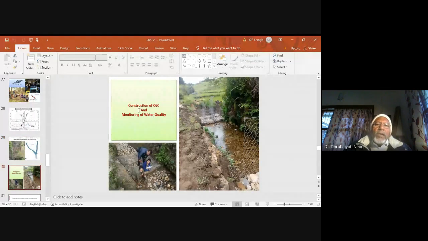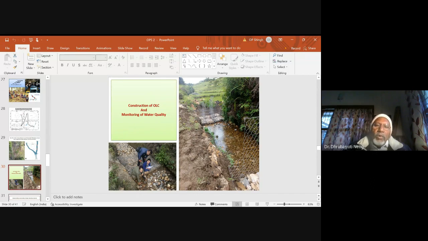So we constructed an open limestone channel. By dredging, we removed whatever mud or sediments were present in the channel. We flattened the channel, and then we put limestone in that channel.